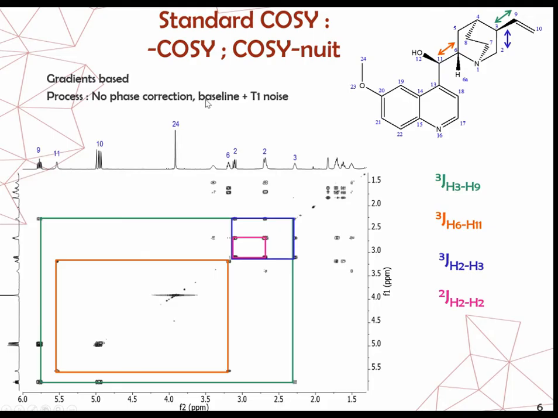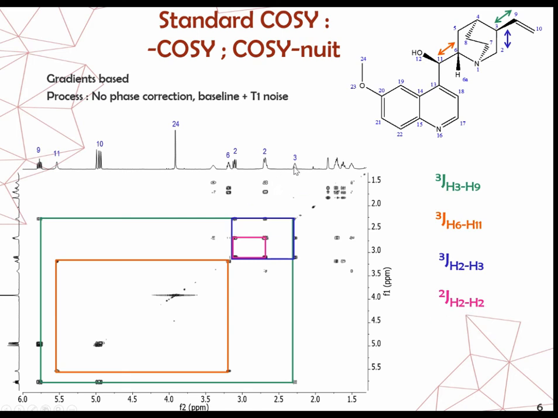You just have to correct the baseline, and in some cases you need to correct the T1 noise. It's very easy with MNova. You can see it in the webinars, for example, or during the training sessions. With COSY, you will get correlations for 3J vicinal proton-proton couplings.